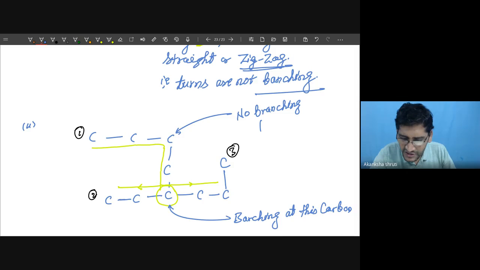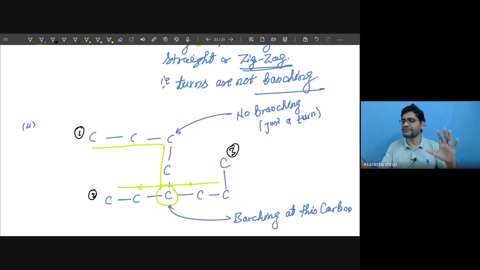It is just a turn. And these we have drawn on the paper, but practically these atoms are oriented slightly differently. Okay, so students, branching always means two possible paths.